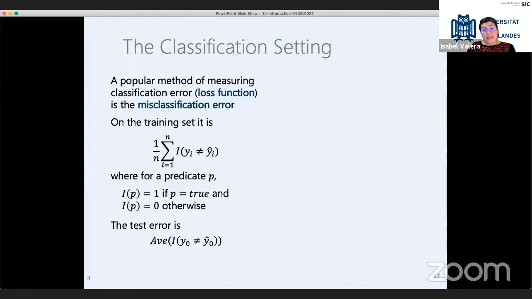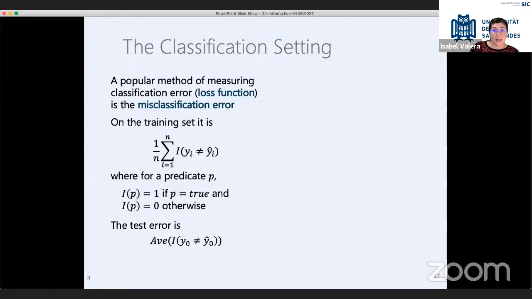So in this particular setting, of course, it doesn't make sense to measure the mean square error, because the Y variable is going to take a categorical value, which is, for example, binary, either 0 or 1, or maybe it's going to say whether you belong to one of the K classes.